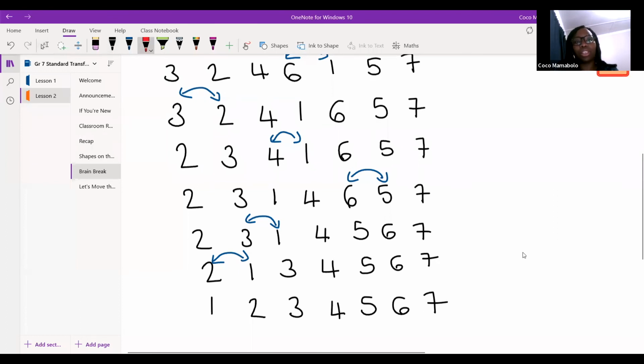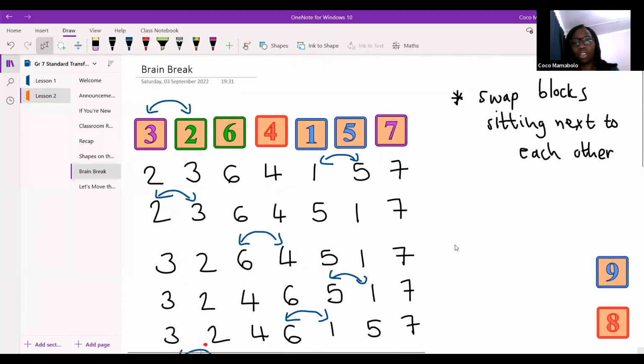I'm going to count how many swaps we did. 1, 2, 3, 4, 5. Scroll up. 6, 7, 8, 9, 10. 11 swaps. I think many of you already know what Teacher Coco is going to say.